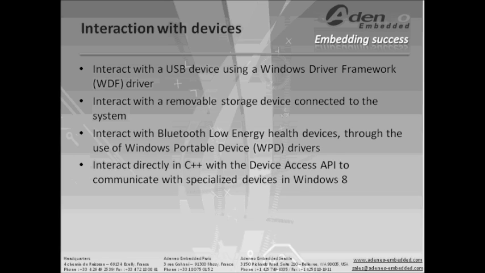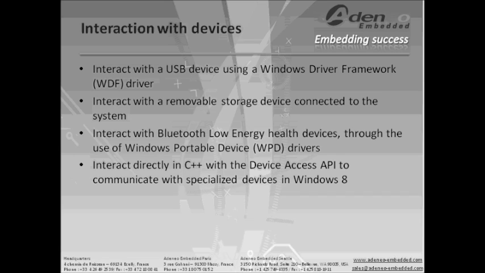So, for example, how to interact with a USB device. You can use the Windows Driver Framework, so WDF. You can interact with a removable storage device connected to the system, such as a camera, a media player, a mobile phone, or a USB thumb drive.